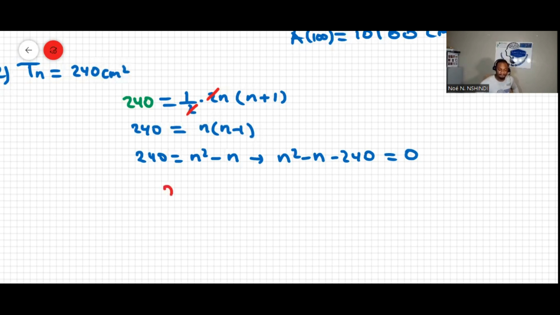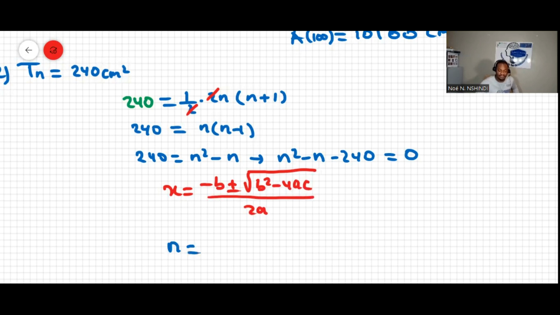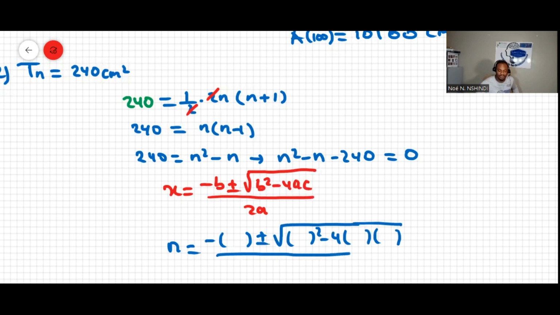It is given by x is equal to negative b plus or minus the square root of b squared minus 4ac, all over 2a. So in this case, instead of writing x, I'm going to use n, which makes negative b plus or minus the square root of b squared minus 4ac, all over 2a.